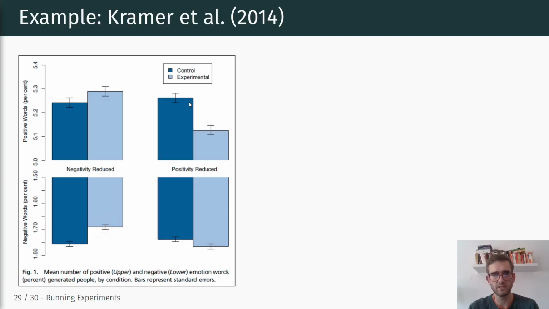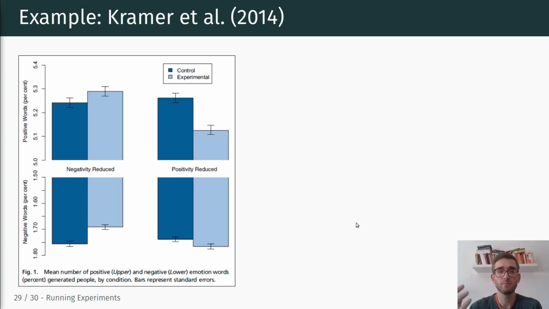And if the positivity was reduced in your experimental condition, then the number of positive words in the treatment group is much smaller than in the control group, and the number of negative words in the treatment group is larger than in the control group, right?